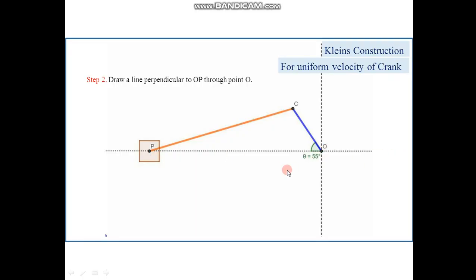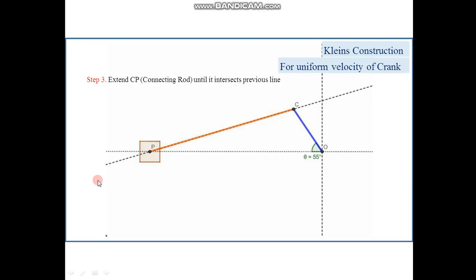After getting this perpendicular, the next step is to extend the connecting rod. So extend the connecting rod CP on both sides, on the C side also and the P side also. If I extend it, you can see here that it will not intersect on one side, but this side intersects with this perpendicular.